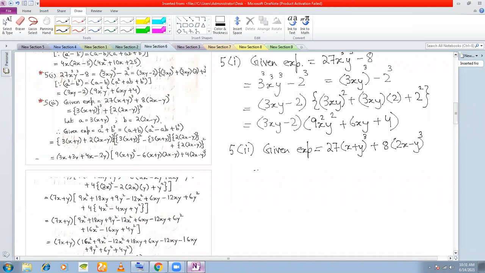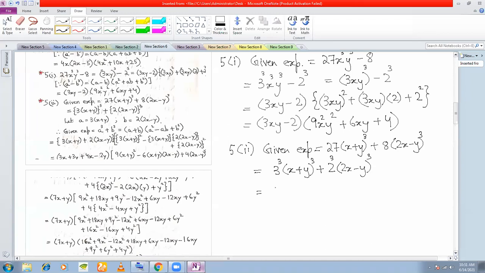Okay. So now what you see here is 27 can be written as 3 cube x plus y whole cube. 8 can be written as 2 cube 2x minus y whole cube.